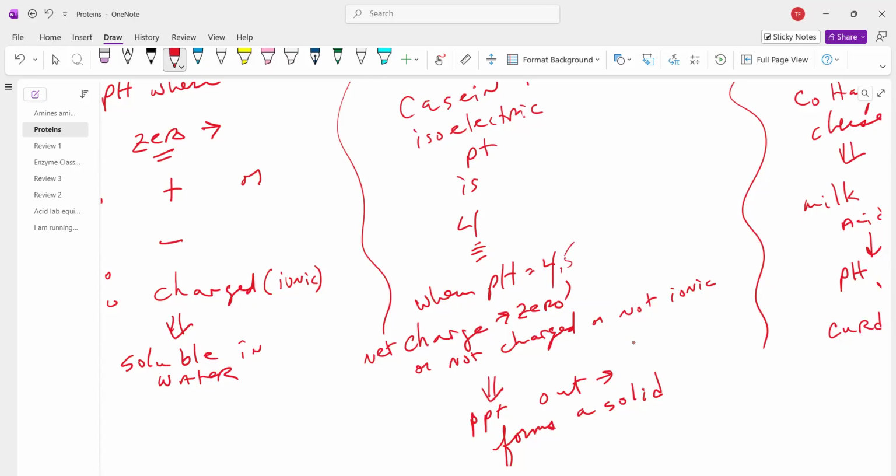So it's above the pH of the isoelectric point. So it stays negatively charged.